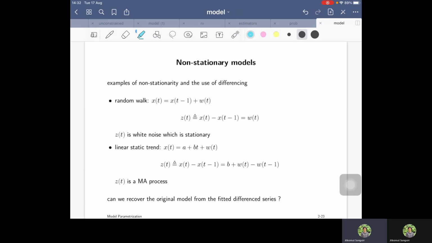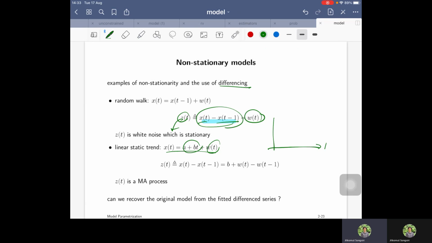But then, interestingly, if you take a difference, if you compute x_t minus x_{t-1}, that gives you the white noise sequence. That turns out to be a stationary process. We can use this trick, called differencing, on a signal that seems to have a static trend. When we say static trend, it's something like this. You know this is time t, x_t. If you have a function a plus bt, it looks like this.